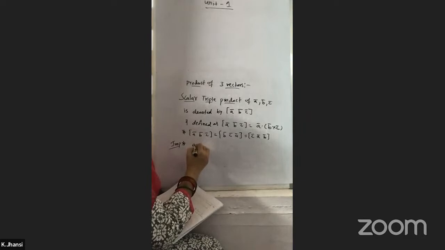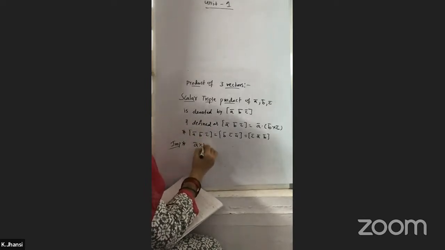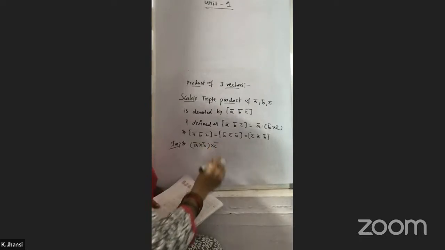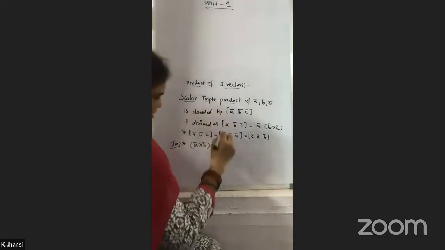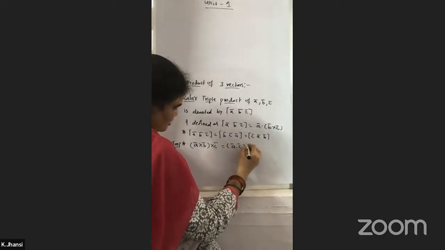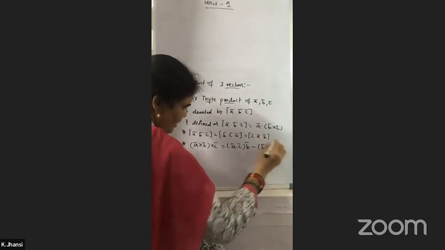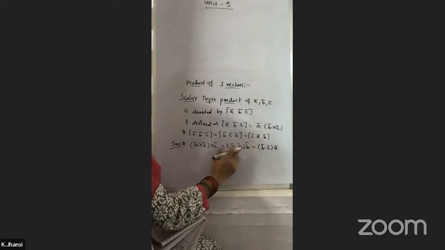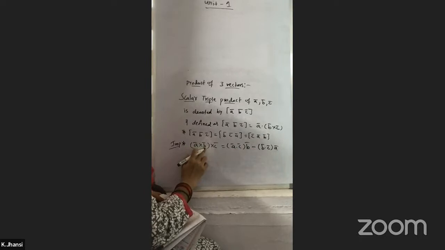A cross B cross C is equals to, this formula is important, that is A dot C into B bar minus B dot C into A bar.